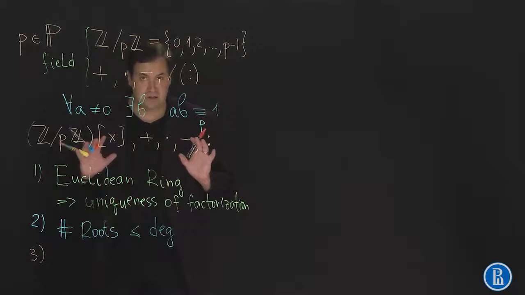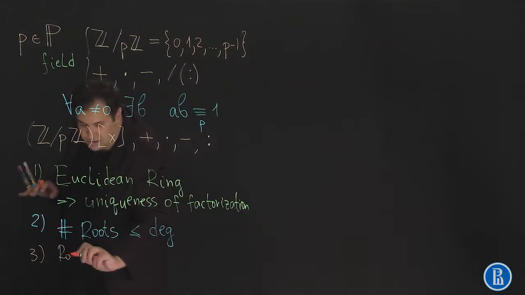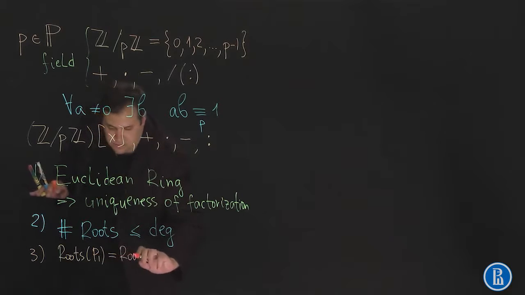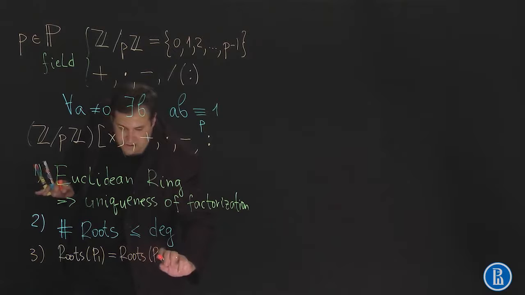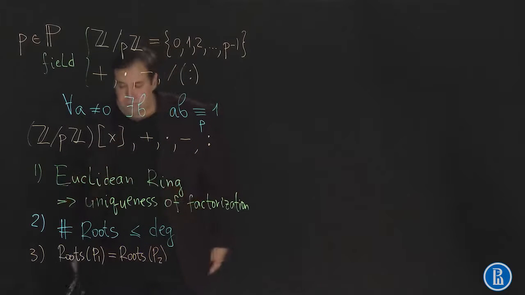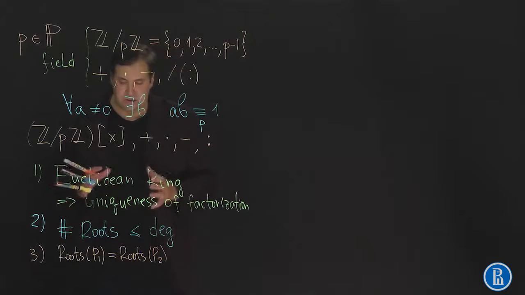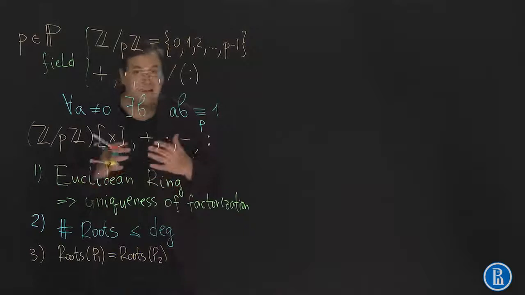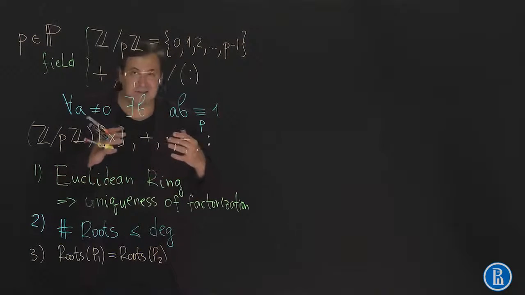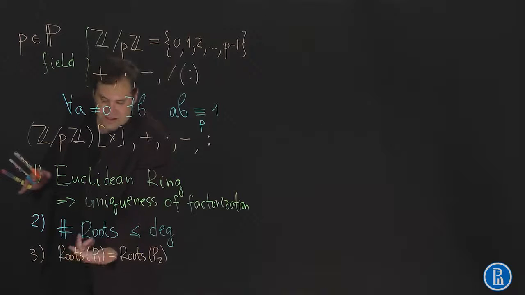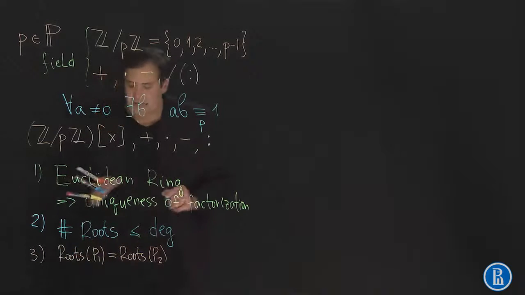If we have two polynomials, and we know that roots of the first one are the same as roots of the second one, well, if we have roots that are not simple roots, but repeating roots, then the frequency of their being here must be equal to the frequency of being here.